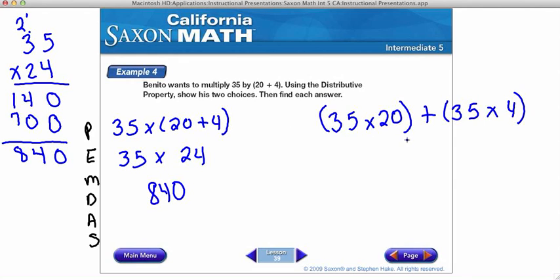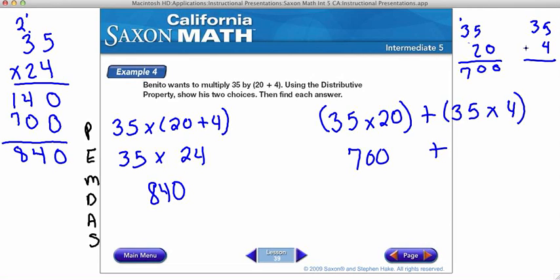Then I can solve each of my parentheses. 35 times 20 is 700, plus 35 times 4. 5 times 4 is 20, 12, 13, 14. And now I can add my two partial products. 700 plus 140 is 840.